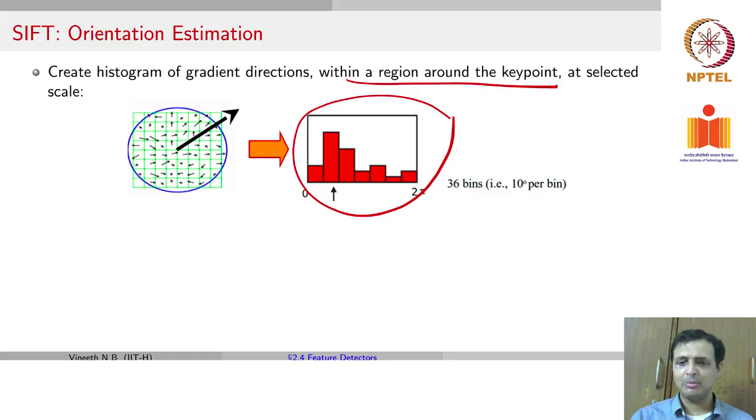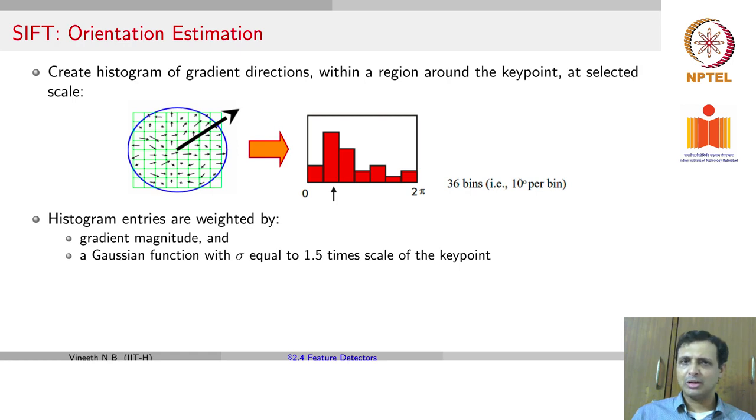This histogram in the SIFT paper has 36 bins with 10 degrees per bin. So you have an orientation angle, and depending on what it is, you put it in the corresponding bin. So if you had an orientation angle of 185 degrees, you would put it in the 180 to 190 bin. So every bin is 10 degrees and you have 360 degrees. So you have 36 bins.